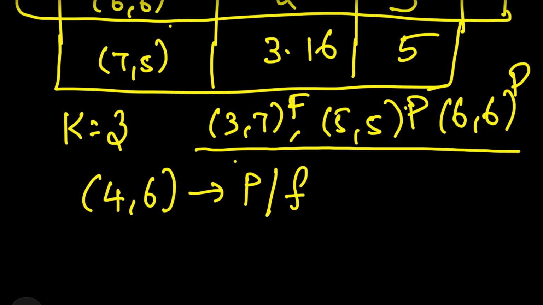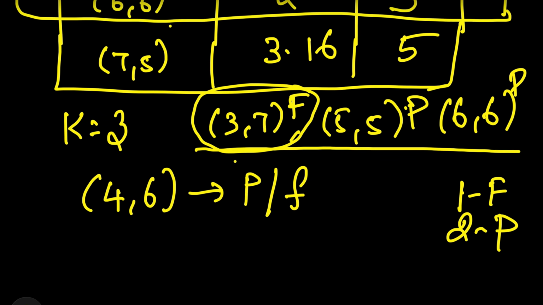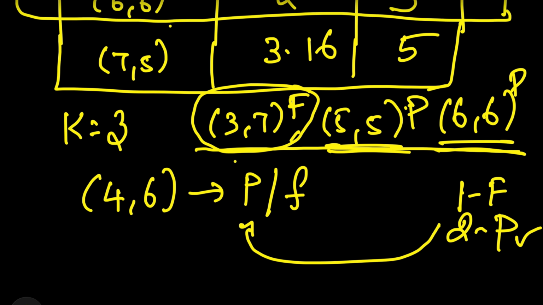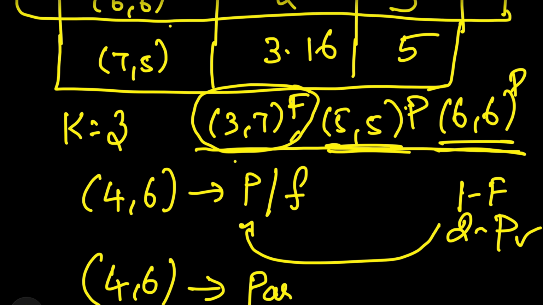So now among these 3, we have 1 fail and 2 pass. One sample results in fail, the other 2 samples result in pass. So the majority voting is for the pass value. So this value should be frozen for 4 comma 6. So 4 comma 6 will be classified as pass.